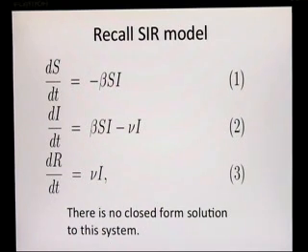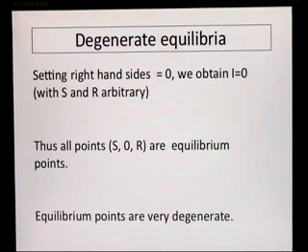So certainly if I is equal to 0, then this equation is 0, this equation is 0, this equation is 0, with no restrictions on S and R. So what this says is that all the points of the form (S, 0, R) are equilibrium points. So there's a 2-parameter family of equilibrium points. So the equilibrium points are very degenerate.